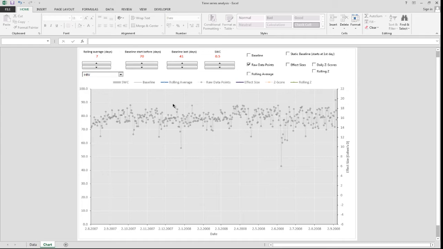Again, I'm not going to talk much about it because it's not my area of specialty, but the idea behind it is we need to know what's normal and what's beyond normal, and that's why we're using time series analysis.